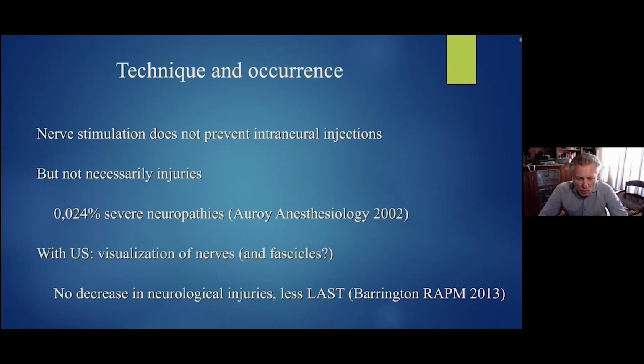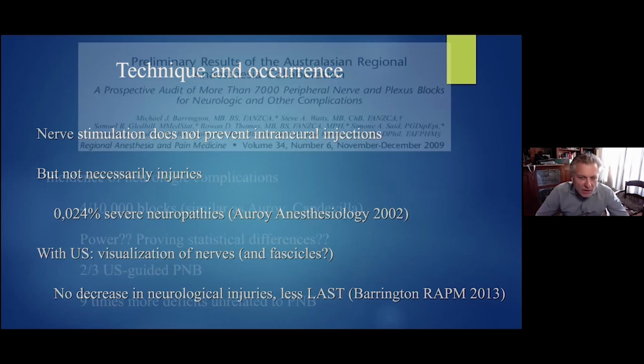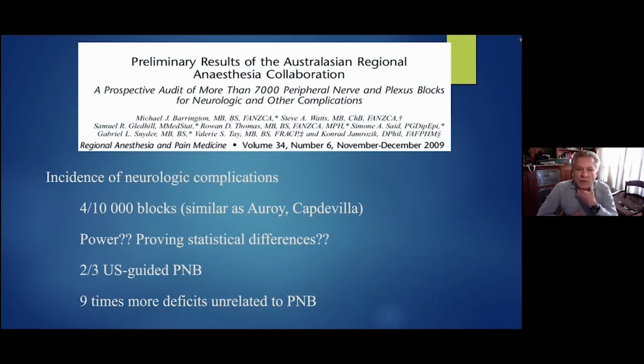With ultrasound, we can visualize the nerve, but we cannot see the fascicles. And there is actually no decrease in neurological injuries, but there is a decrease in the incidence of local anesthetic systemic toxicity. That was shown in a study of Barrington in 2013.